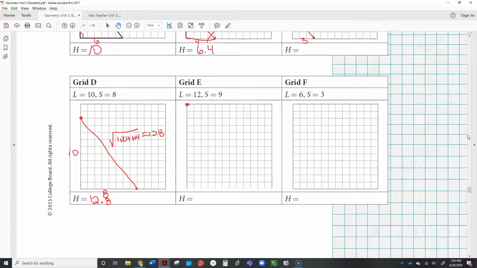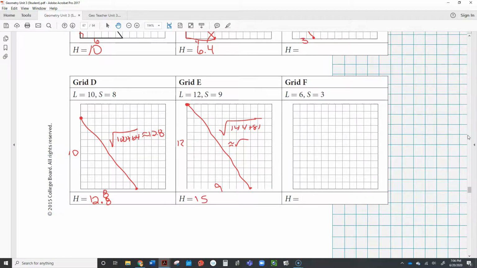12 and 9. 1, 2, 3, 4, 5, 6, 7, 8, 9. There's the hypotenuse. This is 12 and this is 9. So the hypotenuse is the square root of 144 plus 81, which is the square root of 225, and the square root of 225 is 15.